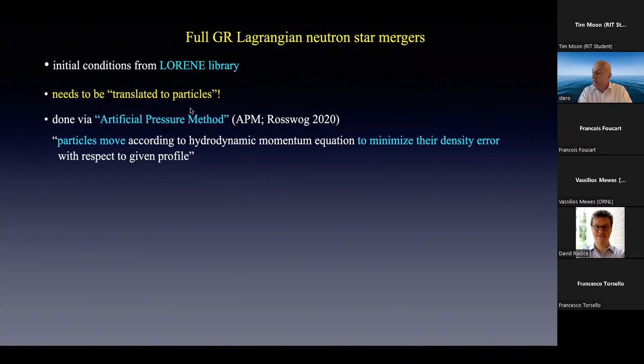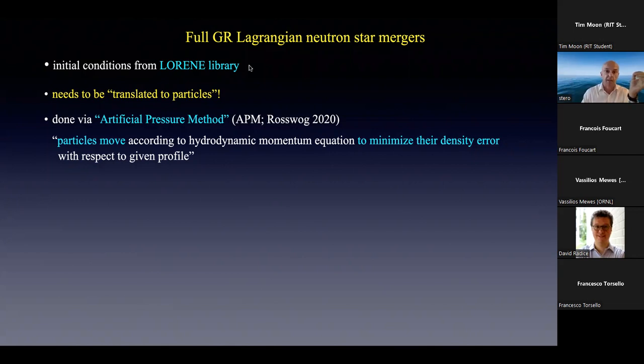The idea here is that you do something very similar to solving a momentum equation. Instead of using a standard SPH momentum equation, you place your particles according to some guess, and then you measure what the particles see as a density, and you compare this measured density with your profile density.